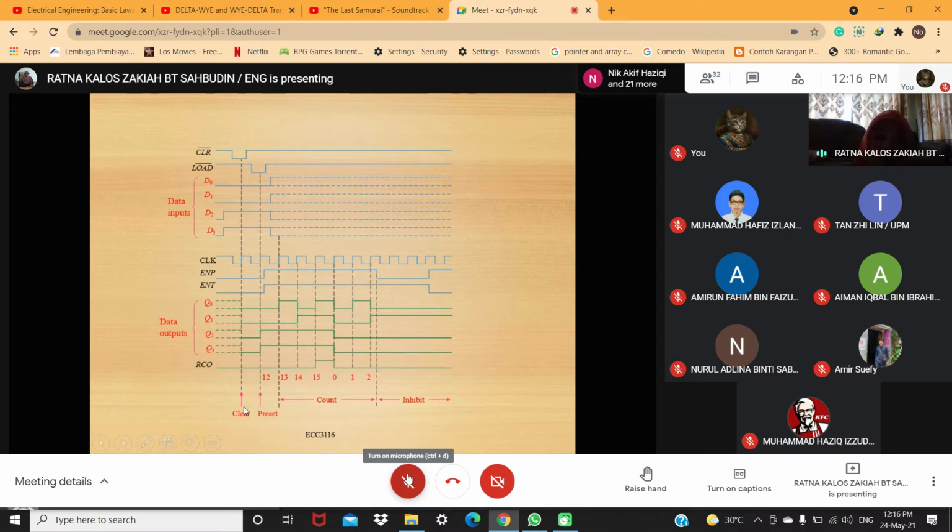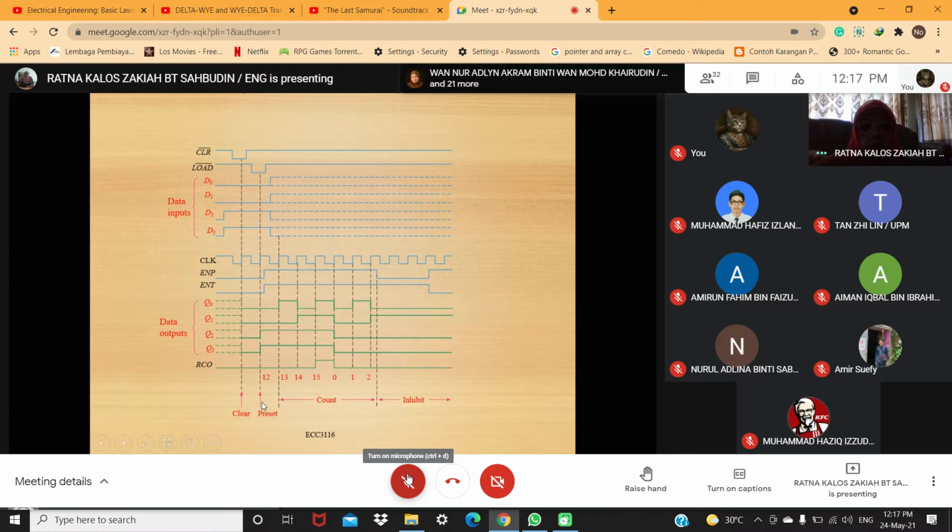So you look at here, this is the point when it is clear, because this is clear when it is low. Pay attention to this diagram, because when this is low, it will clear everything inside the IC, and then when load is low, it will start to load the data.